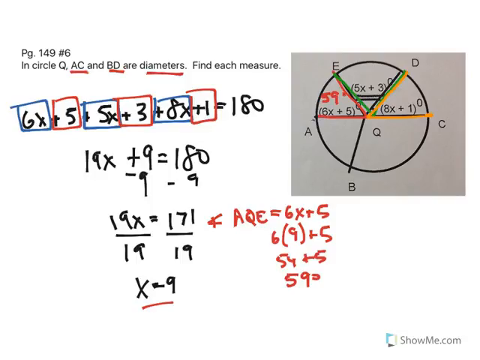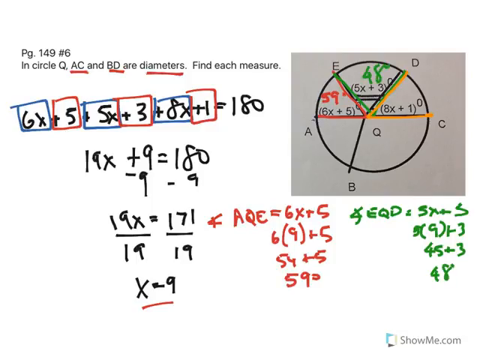Next, we're finding the angle measure of EQD. Angle EQD is 5x plus 3. We know x is 9. 5 times 9 is 45, plus 3 is 48 degrees.